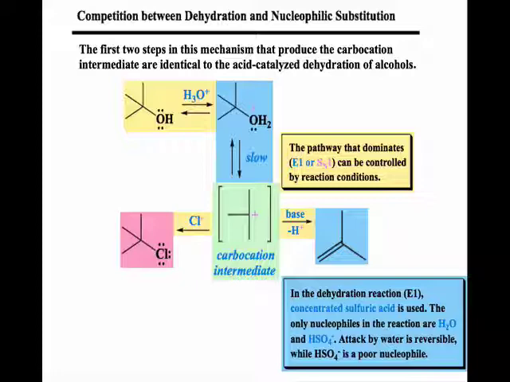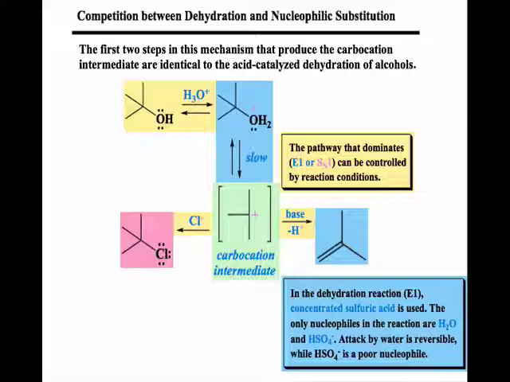And phosphoric acid, concentrated phosphoric acid. There are others, but those are the three that you need to remember. Sulfuric acid is a dehydrating acid, concentrated phosphoric acid is a dehydrating acid, and para-toluene sulfonic acid is a dehydrating acid as well. Okay? HCl is not a dehydrating acid.